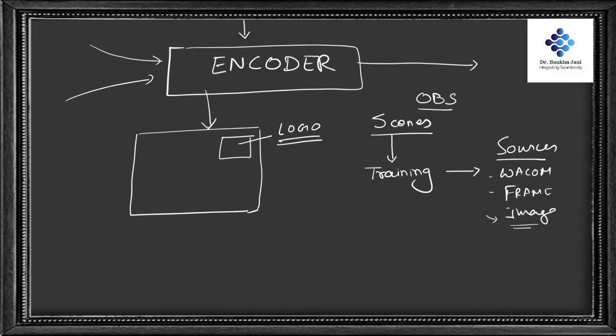How did I do that? There is a system called the Elgato, right? This is what is called the Elgato. In Elgato, this is a macro based system. You can define several macros.